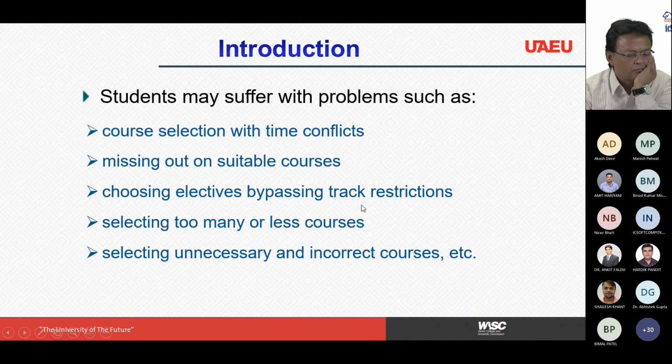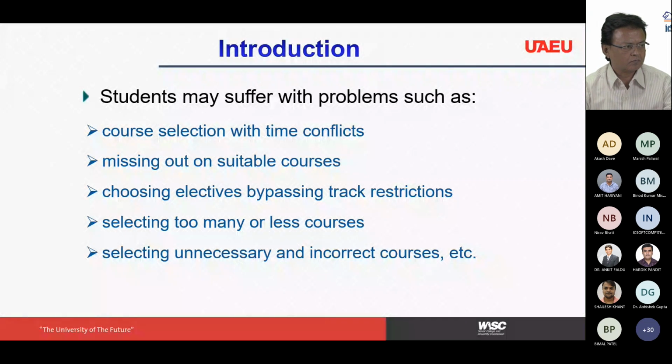Choosing electives by bypassing track restrictions. Although we don't have tracks, we have two disciplines in the department: one is communication engineering, the other is electrical engineering. Students are allowed to take courses from both disciplines, but they will not be counted in their degree calculations. So if they are allowed to take 4 electives and an electrical engineering student chooses a course from the communication track, the system would allow it, but in the end the student will have to take 1 more course.